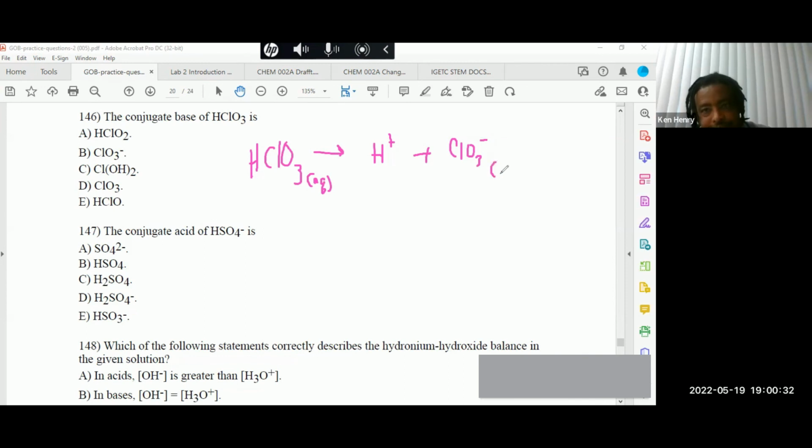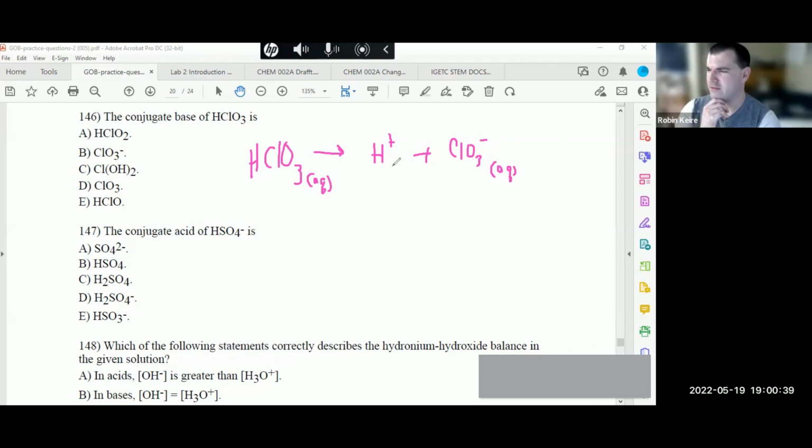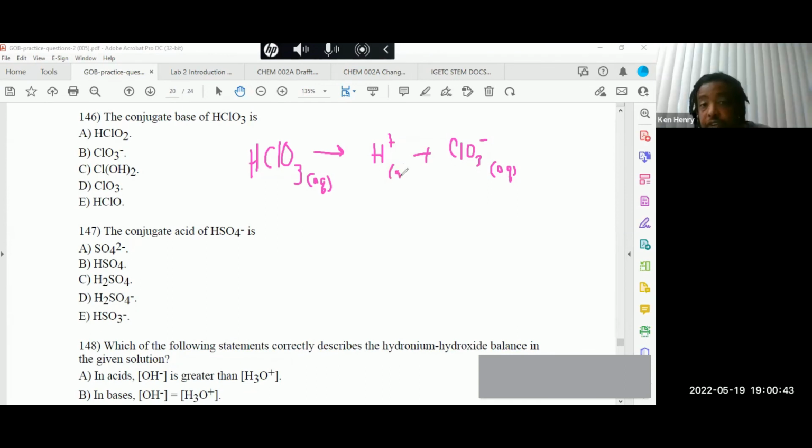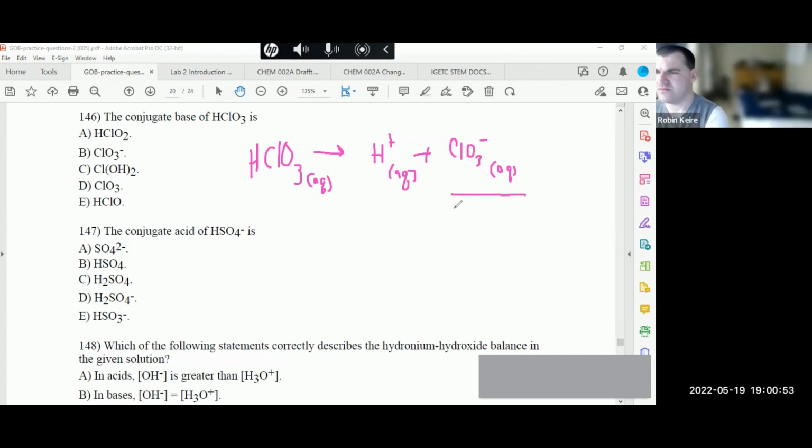Chlorate, okay. Now don't start making stuff up. That's chlorate, right? Yeah. And this is the H plus ion, right? Okay. So then this guy is considered the conjugate acid, right? Because it has that H plus. And then this guy is considered the conjugate base. This is the conjugate base. Oh, okay.